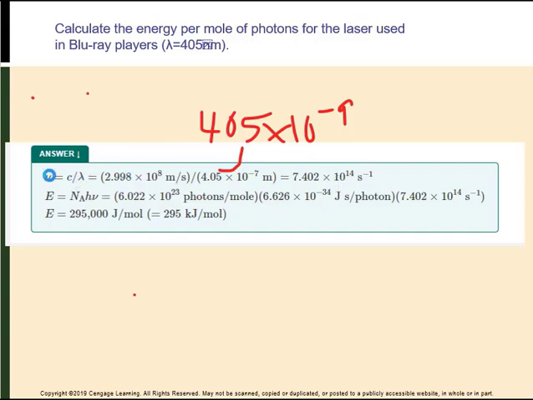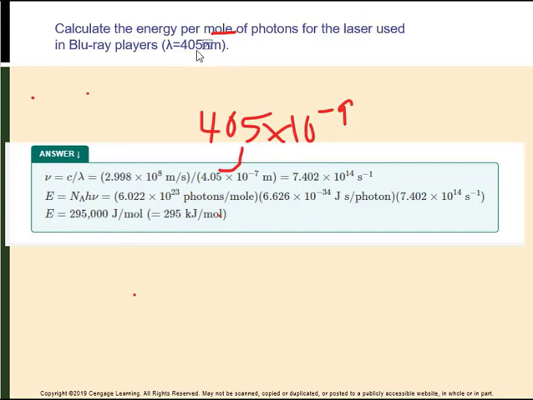And then once they found ν, they plugged ν into E equals hν. And so again, pretend like this 6.022 isn't there quite yet. So we took our answer here that we got for ν and multiplied it by h. And then when we got that answer, since we wanted per mole, we multiplied the whole thing by 6.022 times 10 to the 23rd.